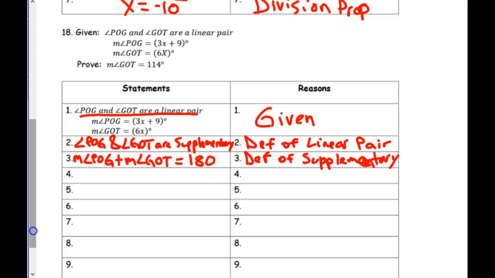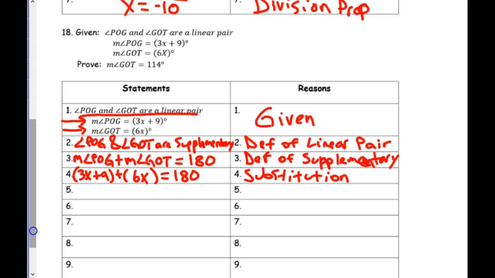Now, do I know angle POG, measure of angle POG? Yes. Do I know the measure of angle GOT? Yes. So I'm going to replace 3x plus 9 plus 6x equals 180. And that's just some substitution. Okay.